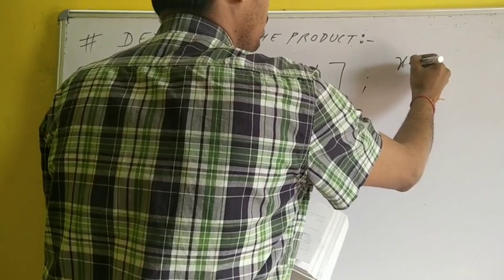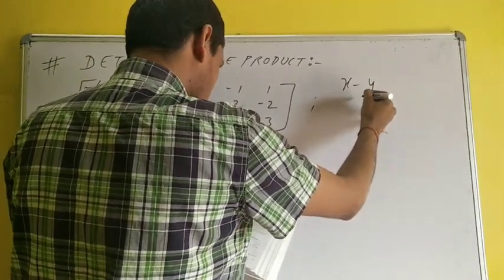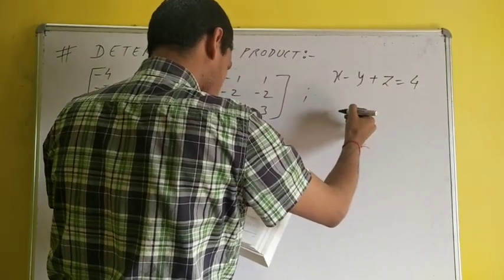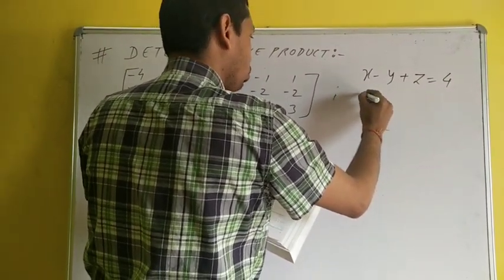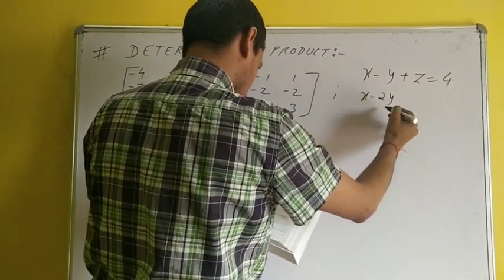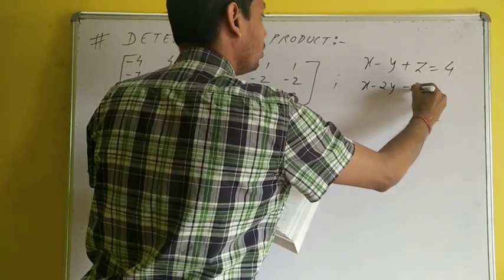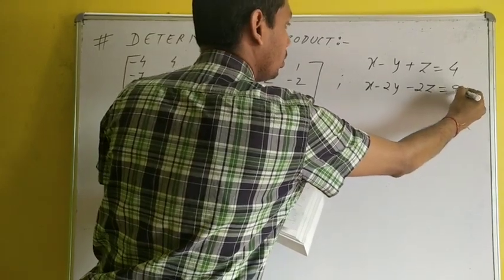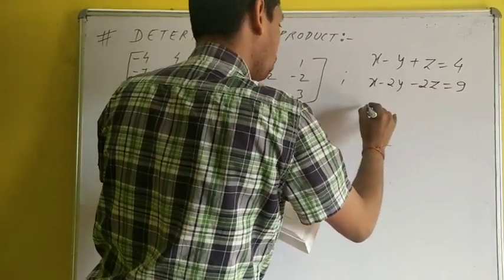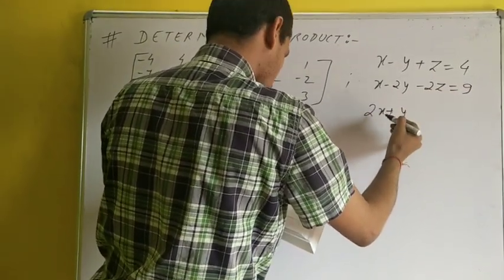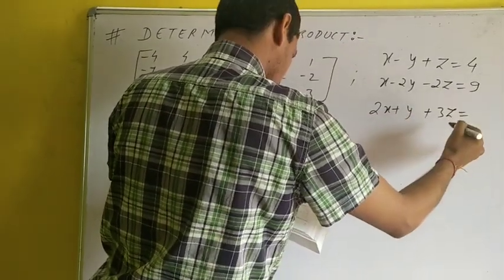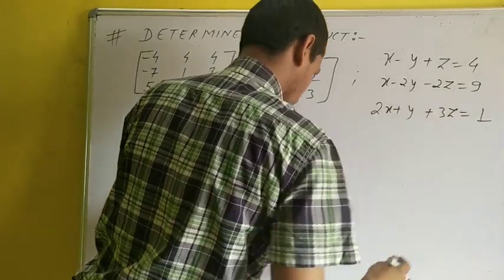The equations are x minus y plus z is equal to 4, x minus 2y minus 2z is equal to 9, and 2x plus y plus 3z is equal to 1.